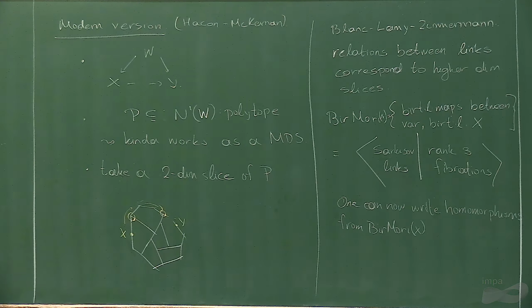If you want to write a homomorphism, you just have to say where your generators go and then check that your relations are satisfied.